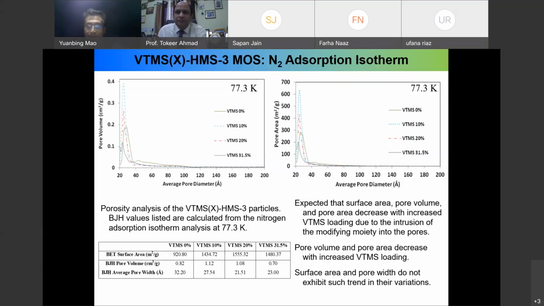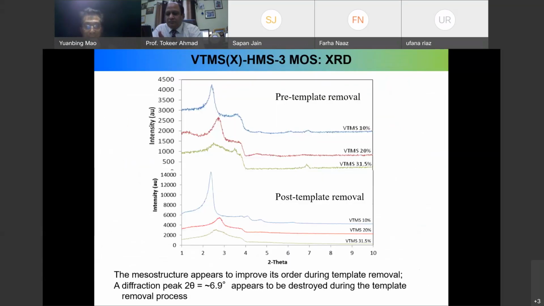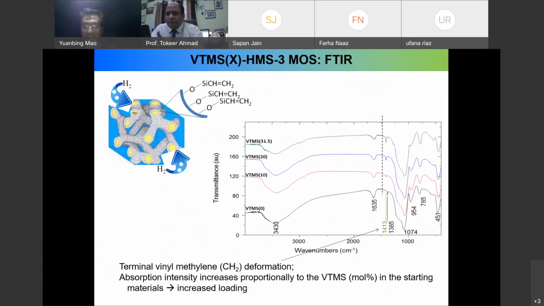The second part of the question is, after the hydrogen adsorption, do we get to see any significant peak for SiOH in the FTIR? After the hydrogen adsorption, let me see. We did show FTIR.